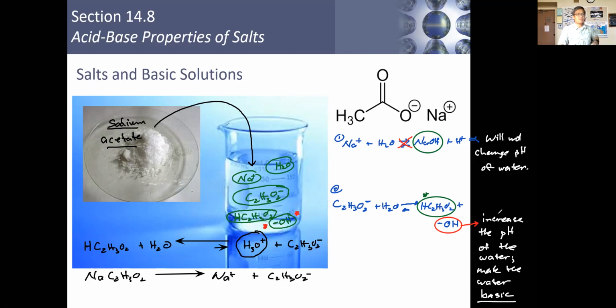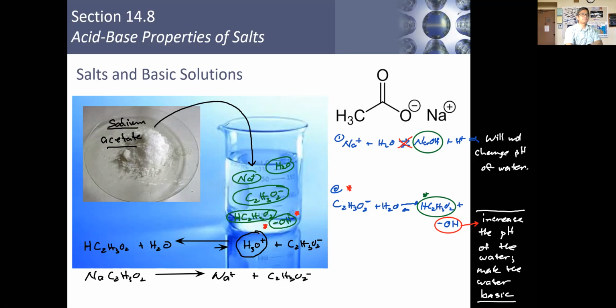By adding a salt of acetate, the sodium acetate, sodium acetate itself is neither acidic nor basic. It has no pH. But when you add it to water, it is the interaction of the acetate ion, it's this process right here, that does alter the pH of the water.